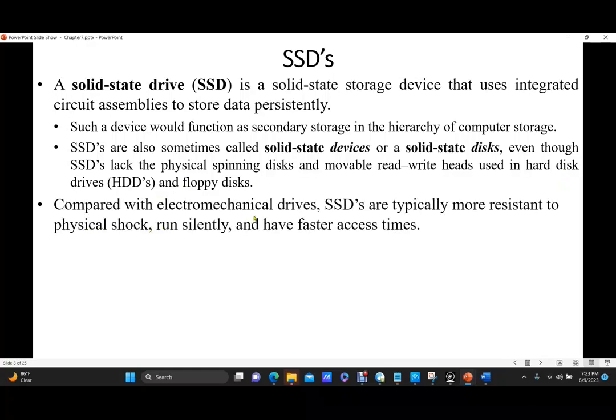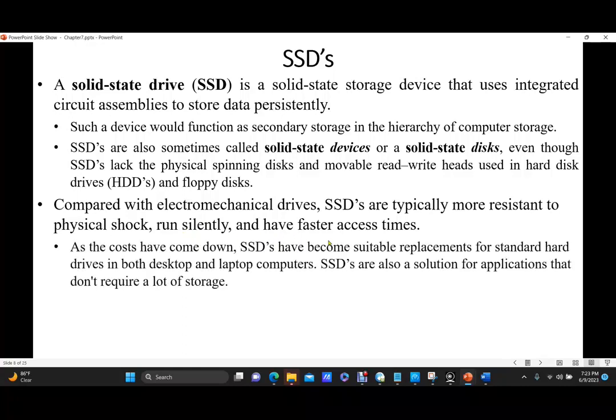Compared with the electromechanical drives, SSDs are typically more resistant to physical shock. They are quieter and faster.